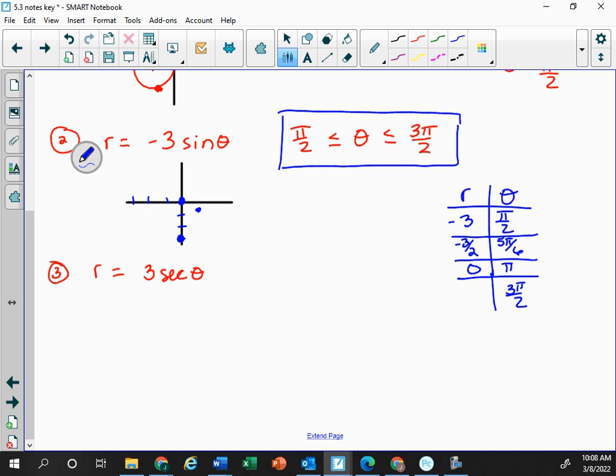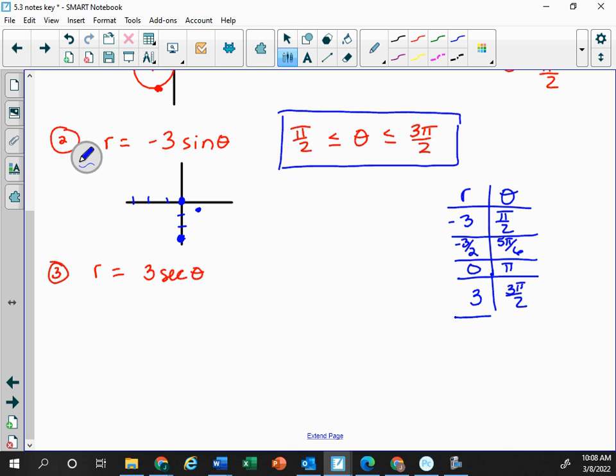I've got that. If you wanted to, you could also do 7 pi over 6. But we can keep going with 3 pi over 2. If I plug in 3 pi over 2, what do I get? Yeah, I get 3. So that means start at 3, end down here.